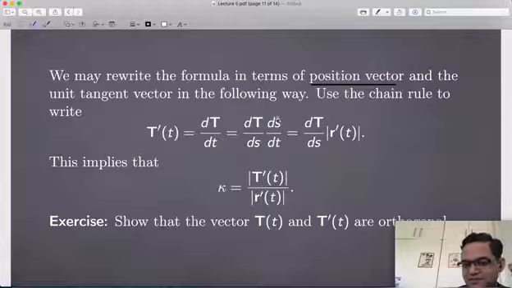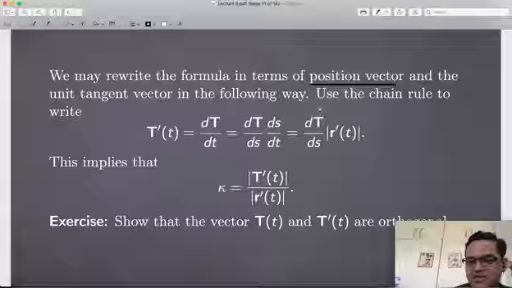This is involved in the definition of kappa, and this other thing we had already computed, it is exactly this number, the modulus of r prime t. So the derivative of the unit tangent vector is this times this number. This is a number, but it depends on t. What I know is that this is kappa.